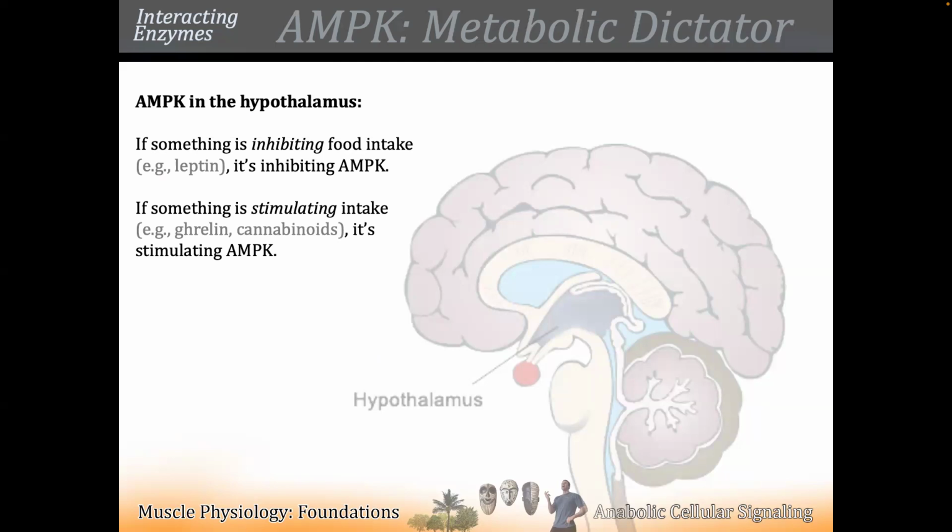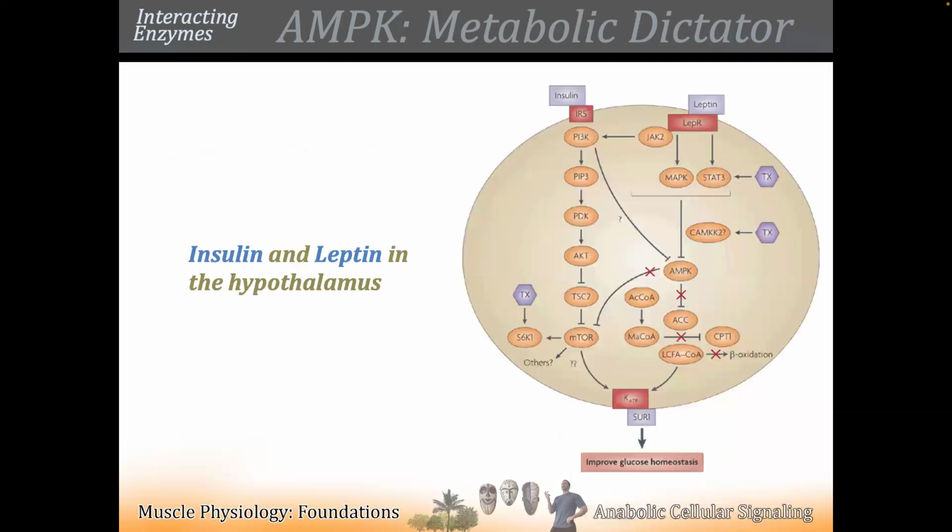If you activate AMPK in the hypothalamus, you get the munchies. If you deactivate AMPK in the hypothalamus, satiety results. You experience satiety. So what mechanism gives leptin, right? It's named the satiety hormone, AMPK inhibition, right? In the hypothalamus specifically. And then what's the mechanism that gives people the munchies when they do marijuana? AMPK activation in the hypothalamus.